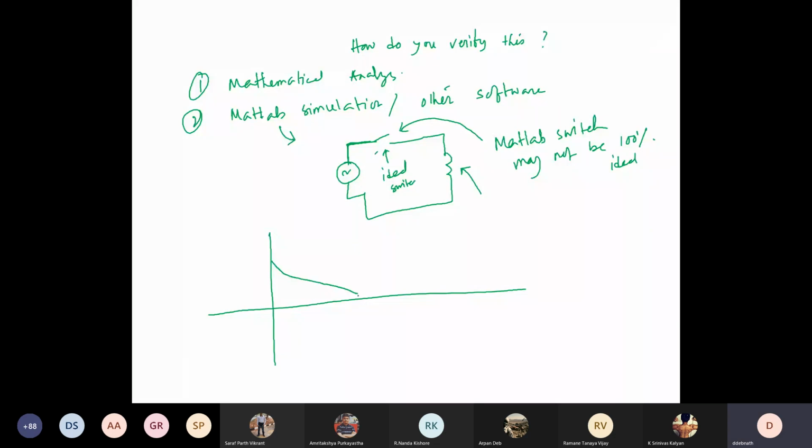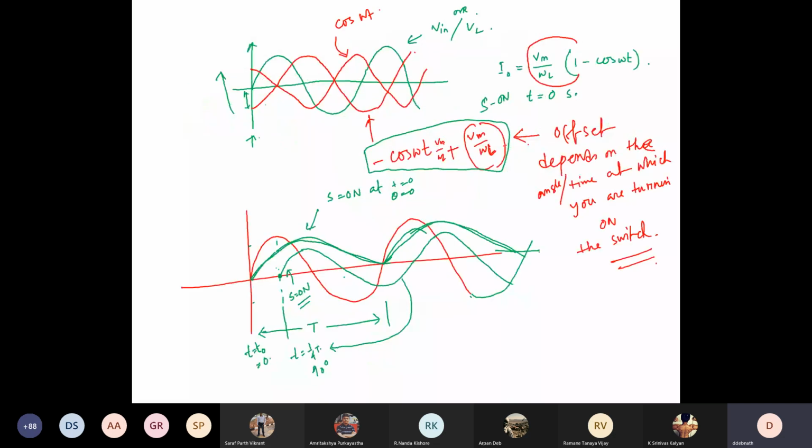So maybe this could be your 90-degree part. Initially the offset is a high positive value. At 90 degree it will become exactly 0, right? So as soon as you put some resistance into your circuit, you will see this offset decay. If everything is ideal, this offset will remain at that value. So let me go back. If you don't have any non-ideal element in your circuit, your current looks like this for infinite duration.